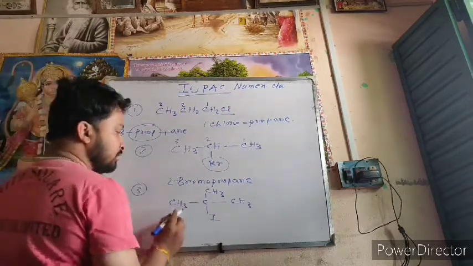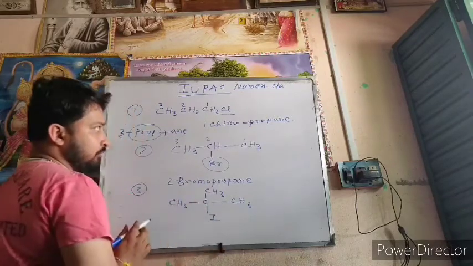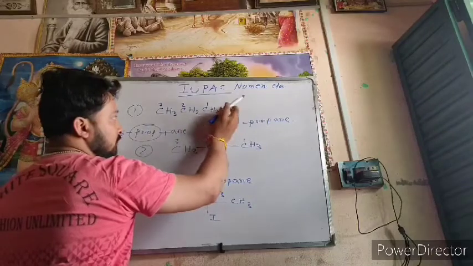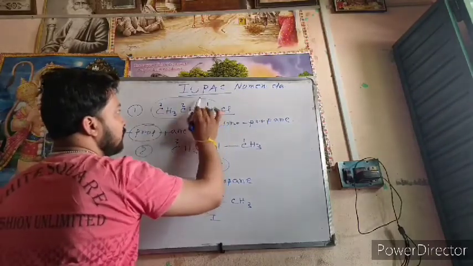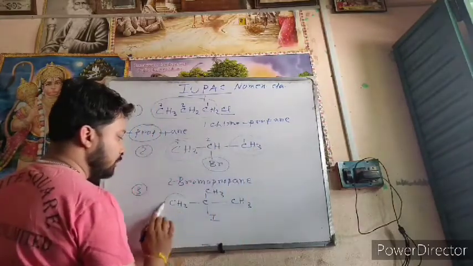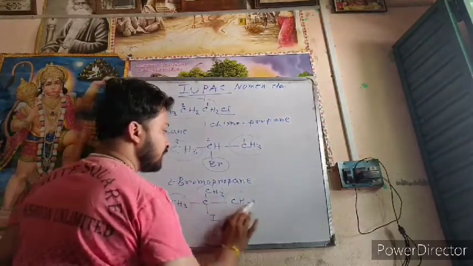Okay, so this is 3 degree. The number of bulky groups: 1, 2, 3.